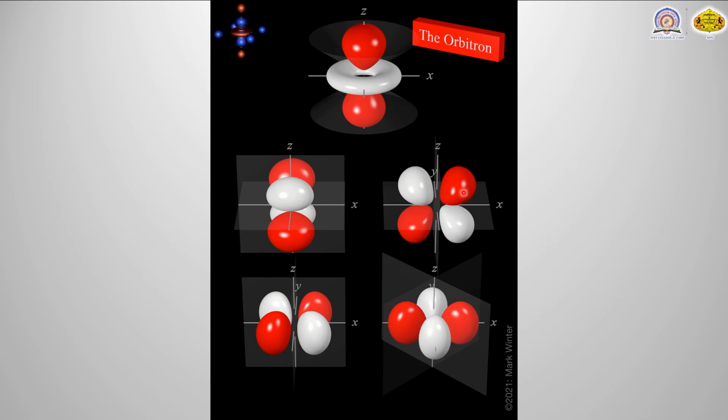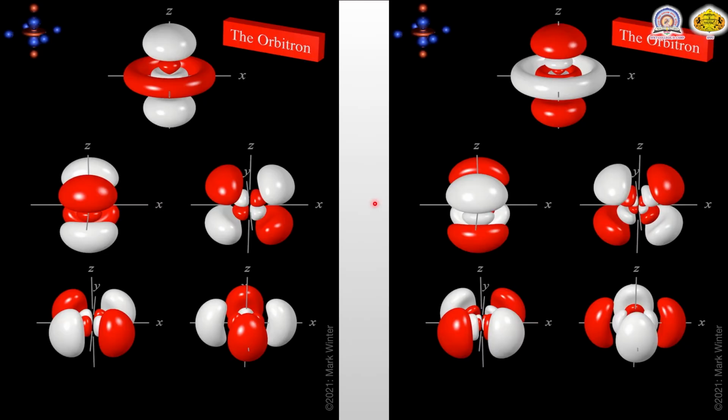These are the 5 suborbitals of the d orbital: this is dz square, this is dyz, this is dxz, this is dxy, and this is dx square minus y square, which is along the axis. These 3 orbitals are in between the axes, and these two, dx square minus y square and dz square, are along the axes.